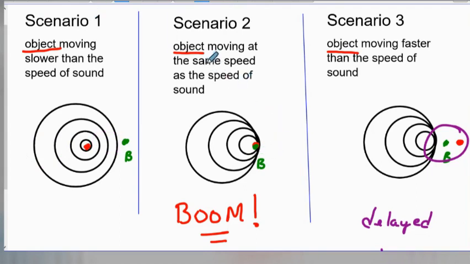When the object is moving at Mach 1, or the same speed as sound, you're going to get hit with all the waves at once. Water waves, you're going to get a big splash, but sound waves, you're going to get this big boom at that exact moment. And scenario 3, when your airplane is moving faster than the speed of sound, you're going to get the sonic boom, but it comes later.